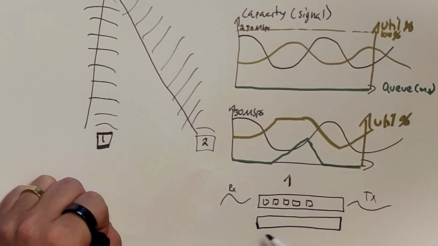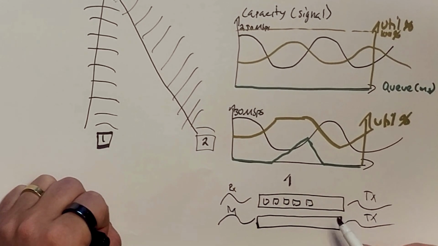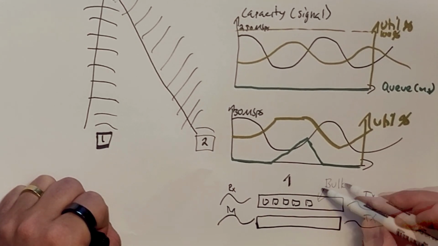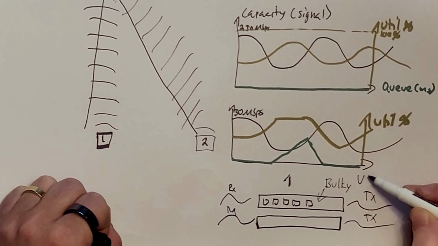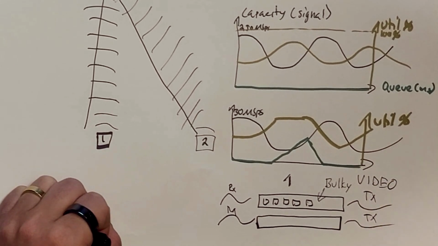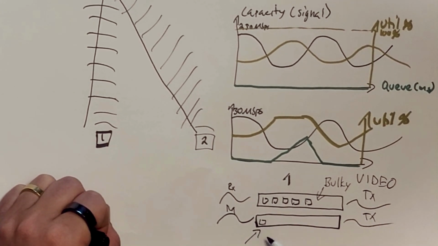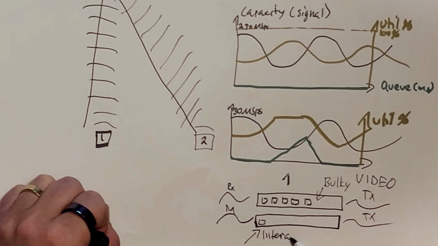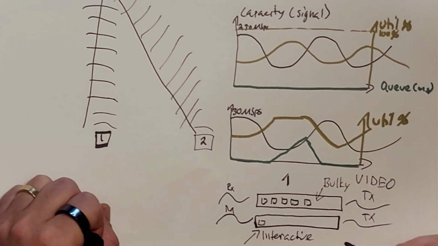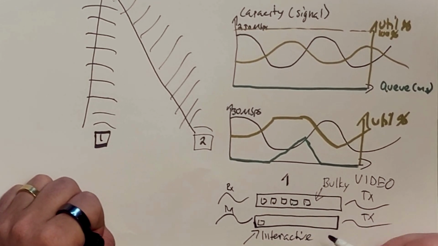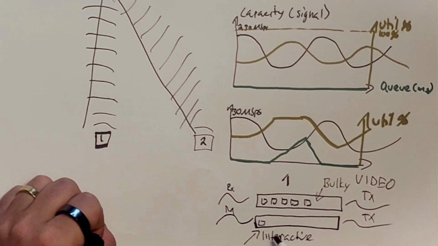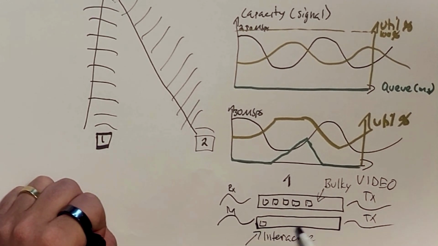So if you have two parallel queues like this, and you split the traffic coming in to the queue intelligently, so that the longer queue here, or the more utilized queue, is used for bulky traffic, video, heavy downloads, etc. The other queue here is used for interactive, gaming traffic, web, anything that's transactional. That way, anything that suffers from bad latency doesn't get it, and everything that doesn't suffer from latency, utilization is still high.